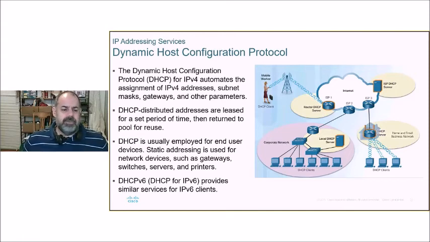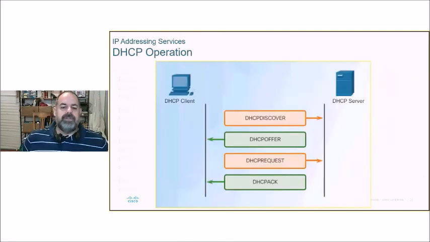Typically you won't get more than one, but anyway, the client will then send a DHCP request saying, "Can I have this address, please?" And then it'll get an acknowledgement. So as I said, there are 4 segments that get exchanged in DHCP, and there is a version 6 for DHCP as well. So as I said, there's discover, offer, request, acknowledgement, basically.